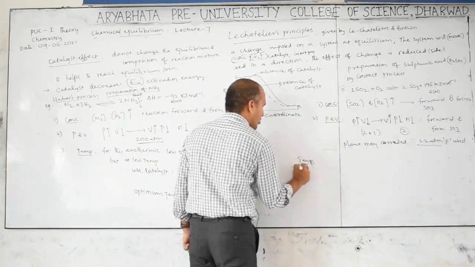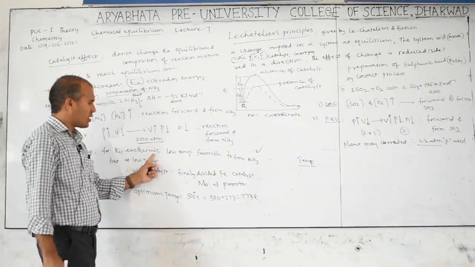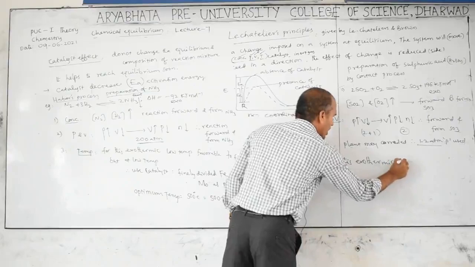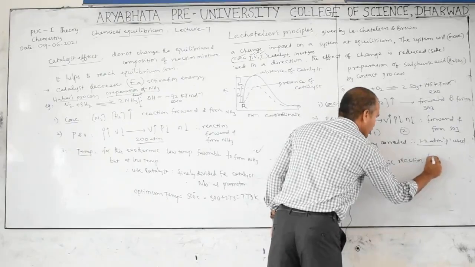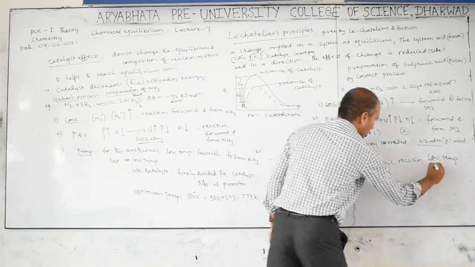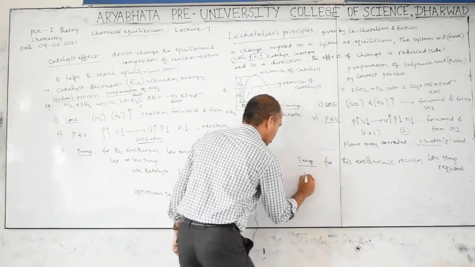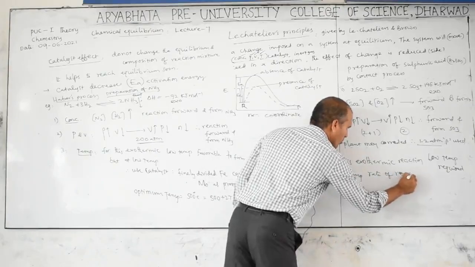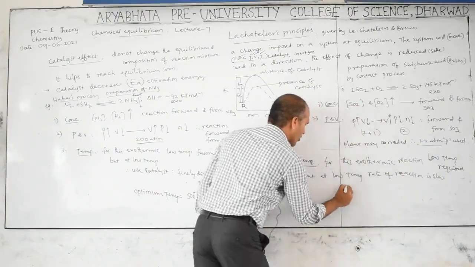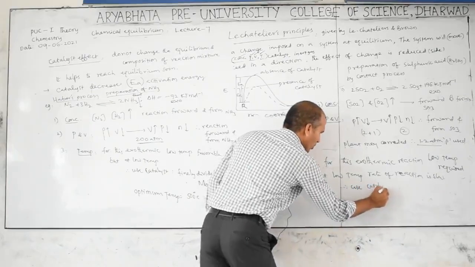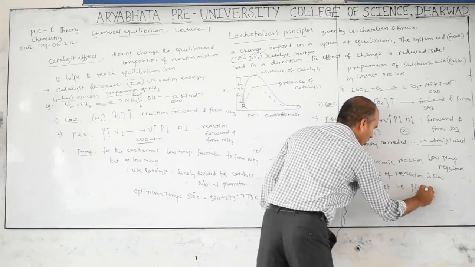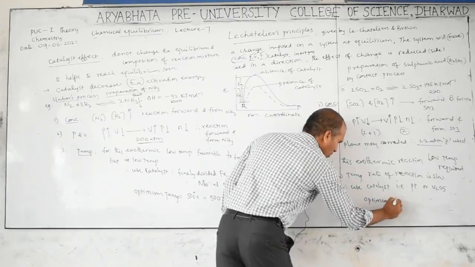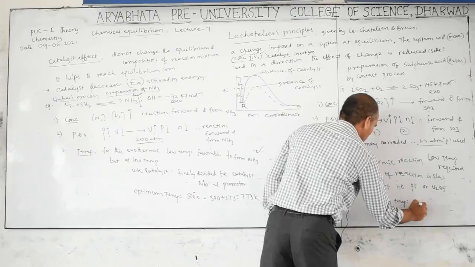Then temperature effect, same sentence. For this exothermic reaction, low temperature is favorable, required enough, but at low temperature the rate of reaction is slow, therefore use a catalyst, that is platinum or V2O5 catalyst, and optimum temperature is nearly 723 Kelvin.